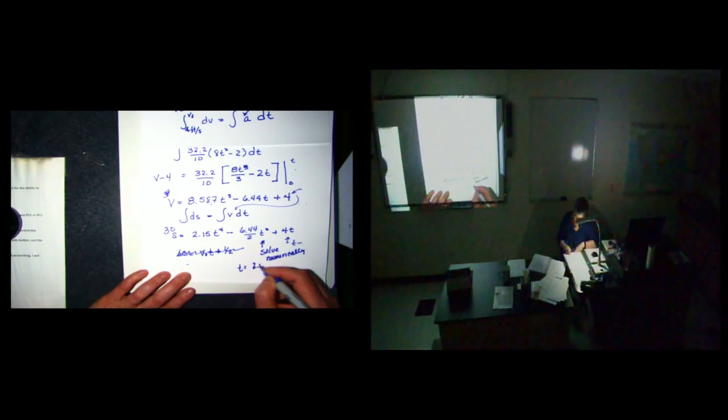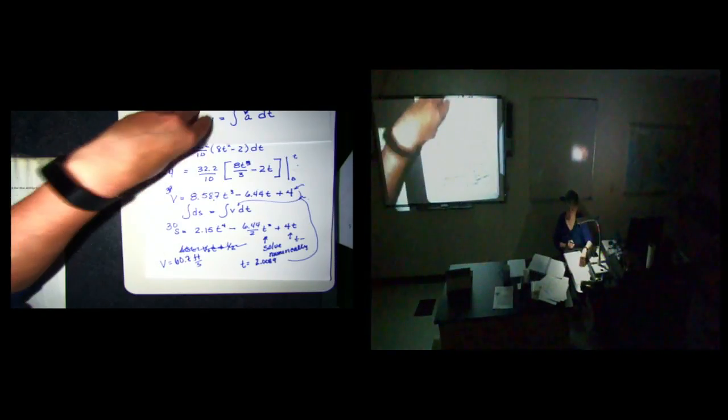Okay, let's do one that's a little more fun. We're given a curve, and this is a velocity versus time curve. Our car is a 1.5 megagram car.